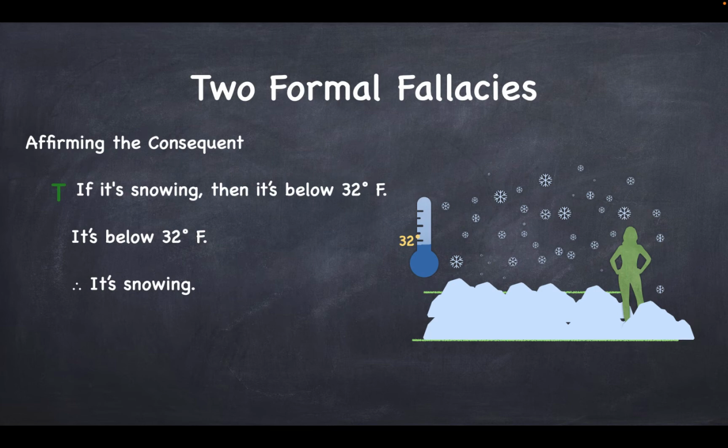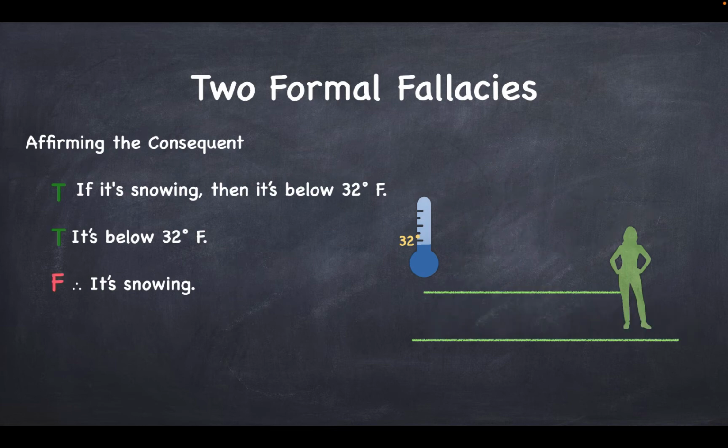Why? We can agree that yes, if it's snowing, that guarantees that the temperature is below 32, and also agree that it is indeed below 32, but there may not be snow, because it being below 32 may not suffice for it snowing.